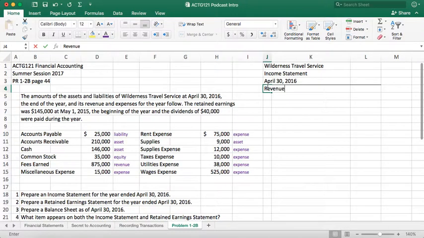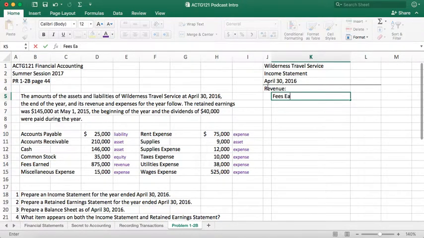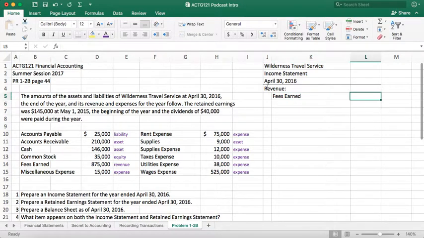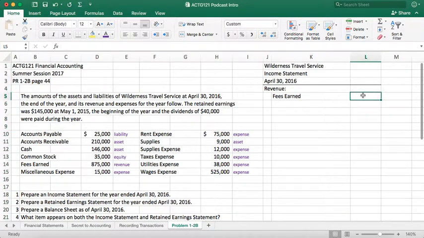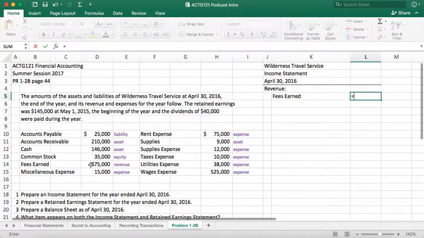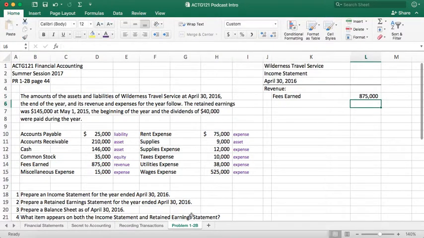The first thing is revenue, and we only have one, and that's fees earned. Let me format this. Fees earned, 875. If we had more than one type of revenue, we would have listed them and then totaled them, but we only have one.